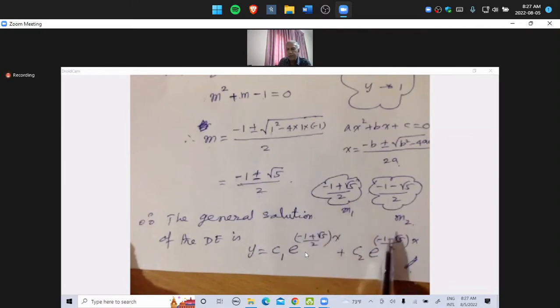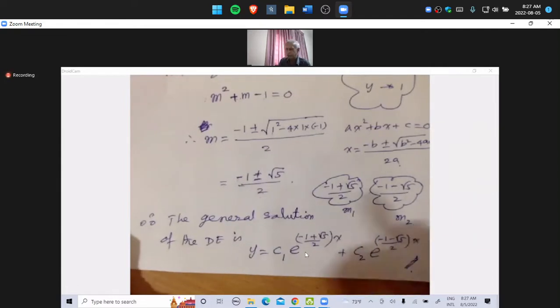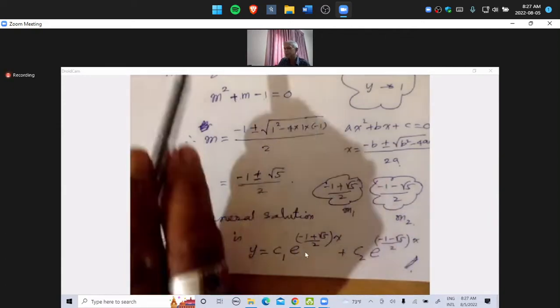This function is not a multiple of this one. These two numbers are different. So we say we have two linearly independent solutions. One is this, the other linearly independent solution is this. Those are two linearly independent solutions of the given differential equation.